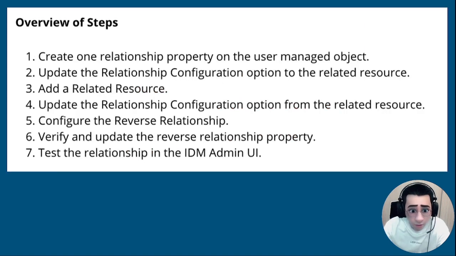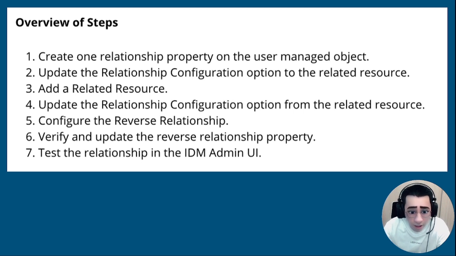So the steps to create those properties and build and configure the relationship: you have to create one relationship property on the user managed object. Update the relationship configuration option in the property to reference the related resource, which happens to be a user object as well.